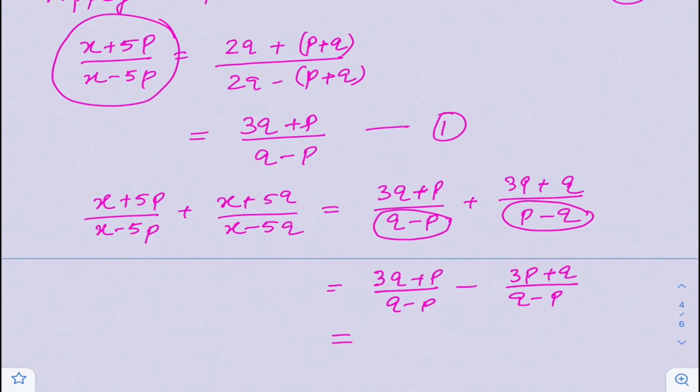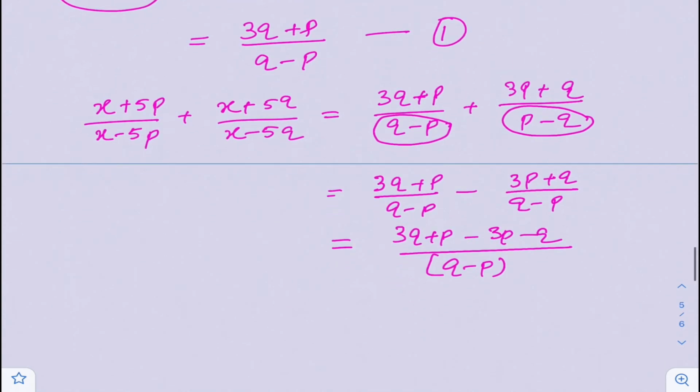Now you can take the LCM very easily because it is the same. So it's coming 3q plus p minus 3p minus q. Now if you solve this, it's coming 2q minus 2p over q minus p.